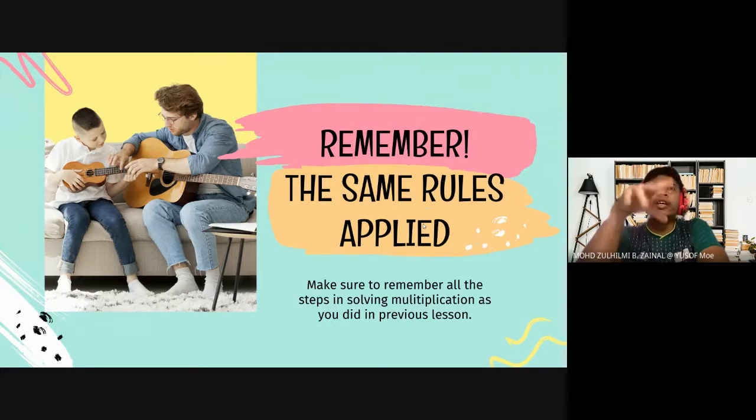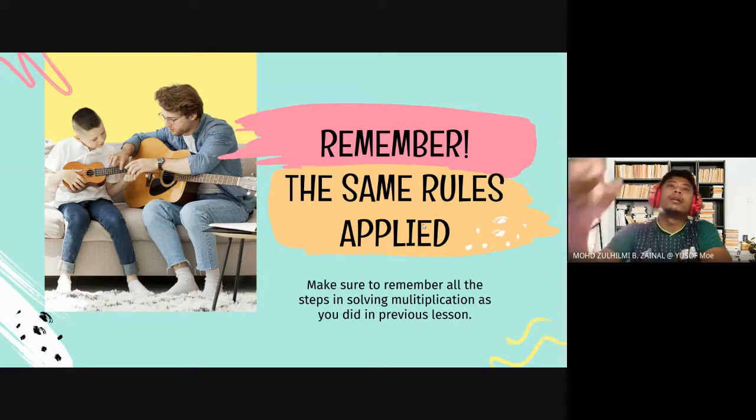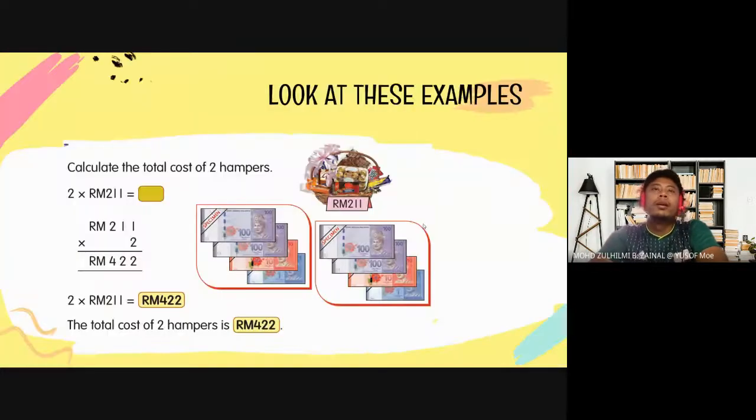Dia ada unit. There will be units, and also ada dot tu, dot cent tu. That's all. Nanti cikgu akan explain. Alright, so look at these examples. Kita tengok examples yang cikgu dah prepare.